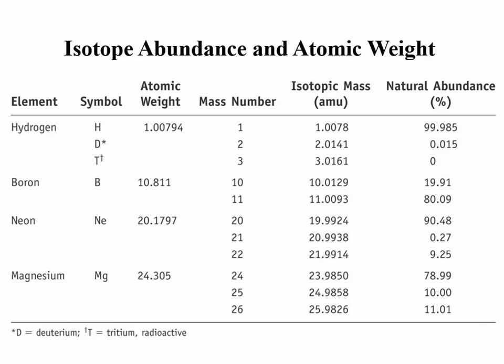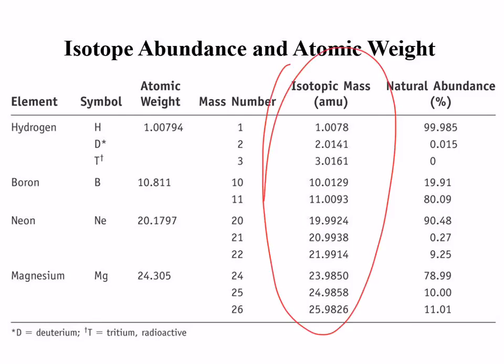And magnesium. But this actually adds one more column than we had before. It adds an important column that says, for that given isotopic form, how much does it weigh?